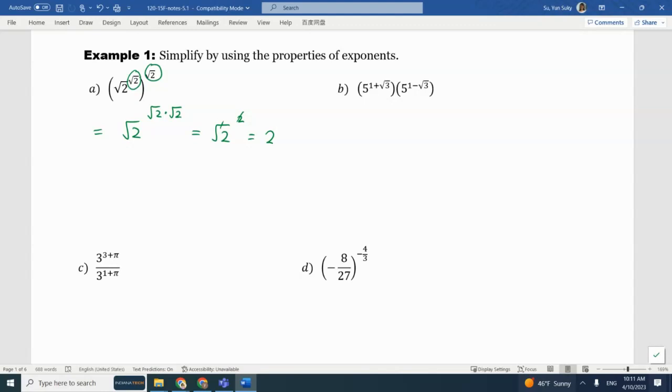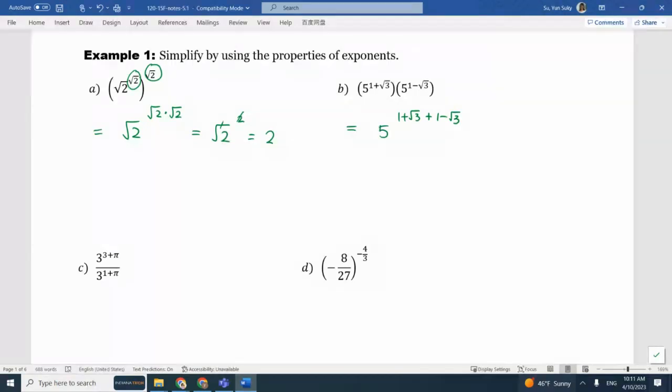Okay, keep going. Part B. We have 5 to the 1 plus root 3 times 5 to the 1 minus root 3. What do we do to the exponents? Do we multiply them or do we add them? Add them. So we get 5 to the 1 plus root 3 plus 1 minus root 3.